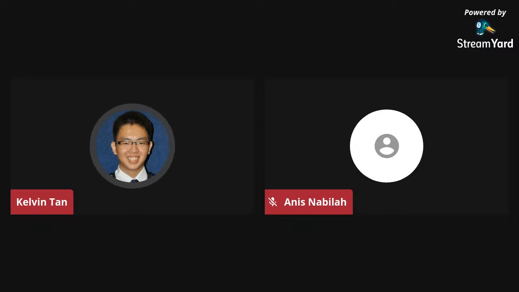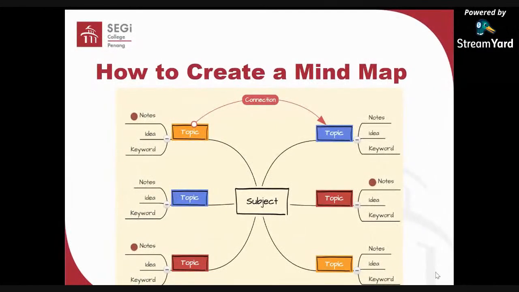So from here, can you see the few examples that I want to show you of how to draw your mind map? Actually the mind map is not only this way. This is the traditional way, and all the organizations and individuals will use this way.